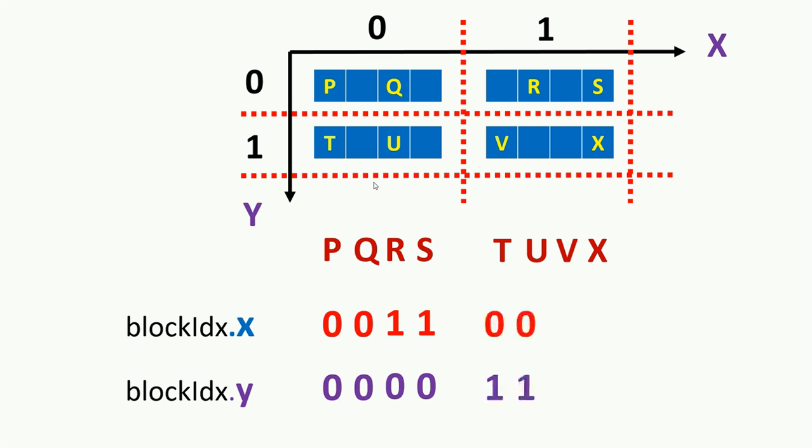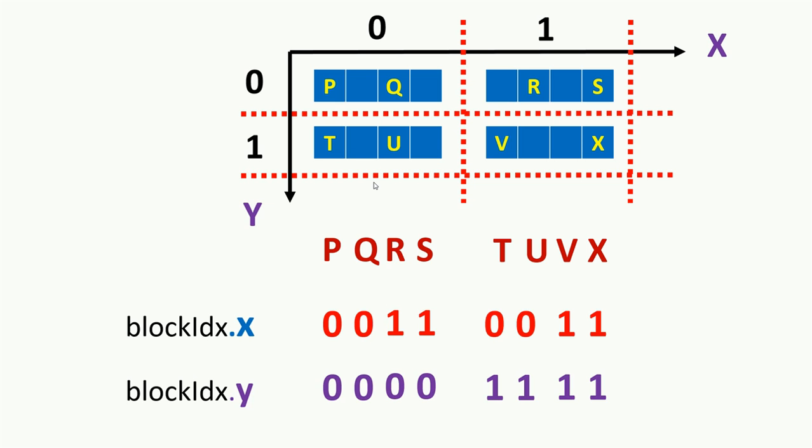So blockIdx.x is 0 and blockIdx.y is 1 for these threads. V and X threads are located in the thread block with index 1 in both x and y dimensions. So both blockIdx.x and blockIdx.y values are 1 for these threads. Again, you can see that for threads within the same thread block, we have the same blockIdx values.